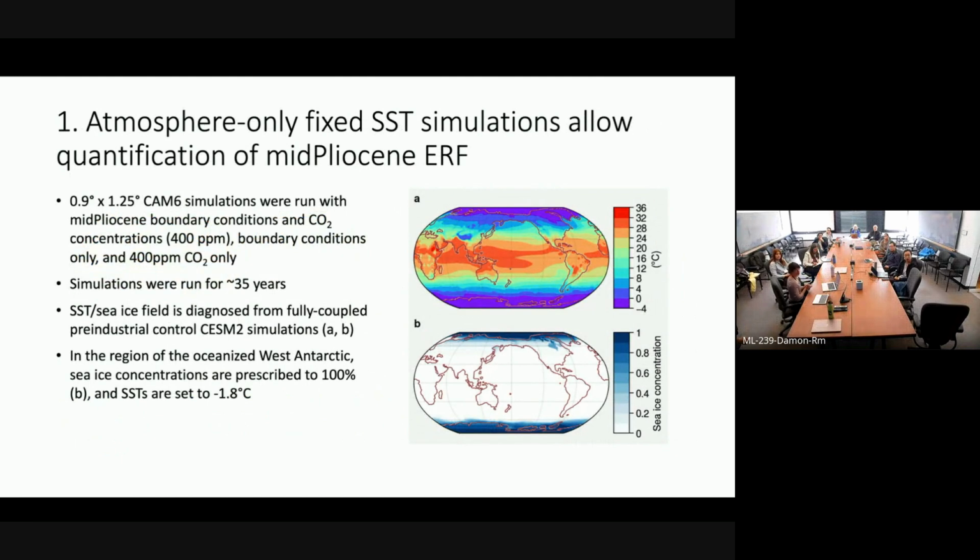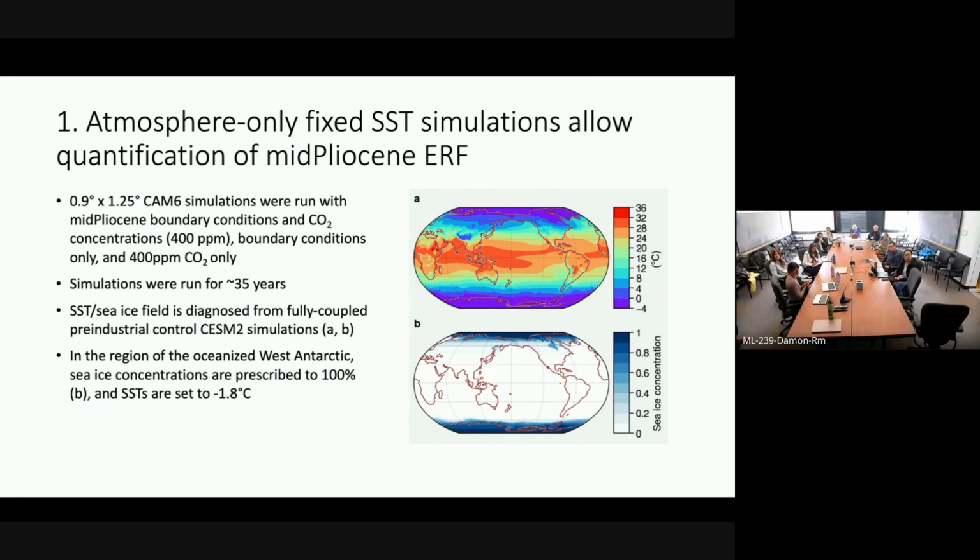So to answer this question, we first need to deduce what the ERF, the effective radiative forcing, actually is during this period. To do this, we've run a novel suite of fixed SST simulations using CAM6, where we've run 3 simulations analogous to those 3 figures I just showed: mid-Pliocene with 400 parts per million CO2, then only the boundary conditions, which is the same except pre-industrial CO2, and then a CO2-only driven run.